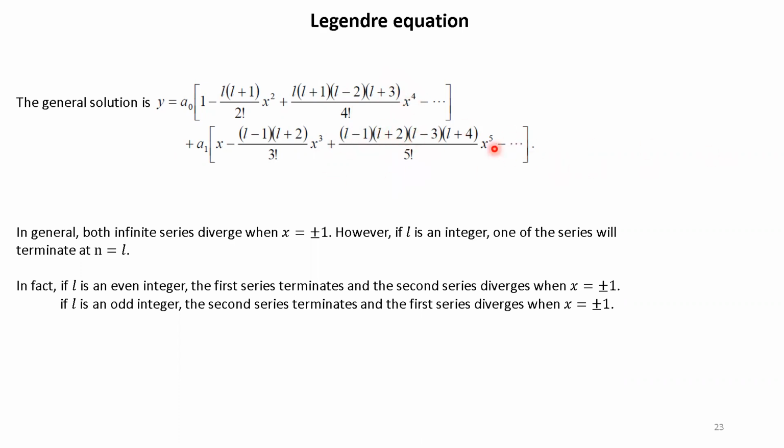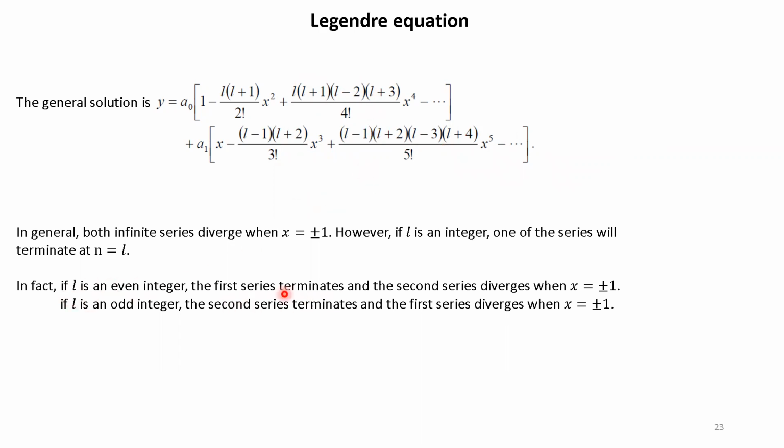But if you put L equals 3, you are not able to truncate the other series. Similarly, if you put L equals 2, you are going to truncate this series, but this one will still be an infinite series. So pick any L, you will be able to truncate one of the series.